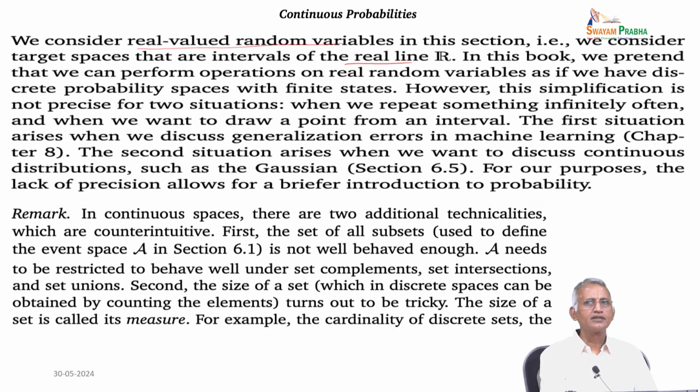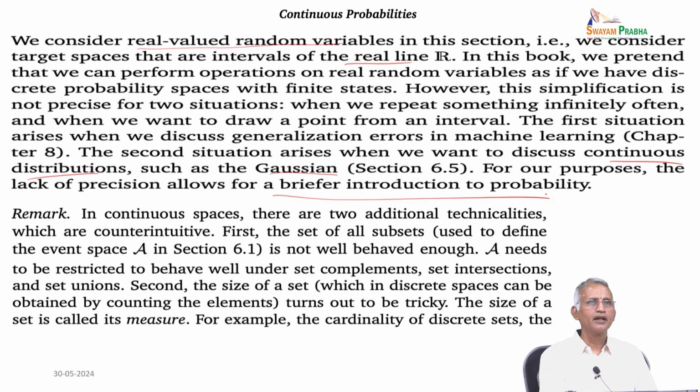However, this simplification is not precise in two situations: when we repeat something infinitely often, and when we want to draw a point from an interval. The first situation arises when we discuss errors in machine learning in the following chapters. The second situation arises when we want to discuss continuous distributions such as the Gaussian. For our purposes, the lack of precision allows for a briefer introduction to probability.